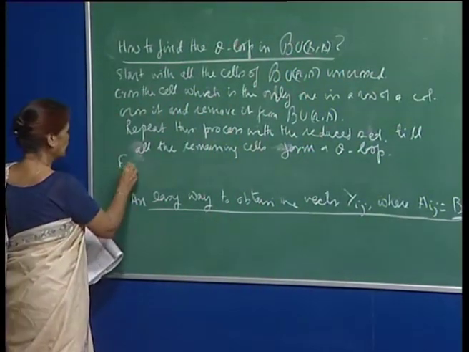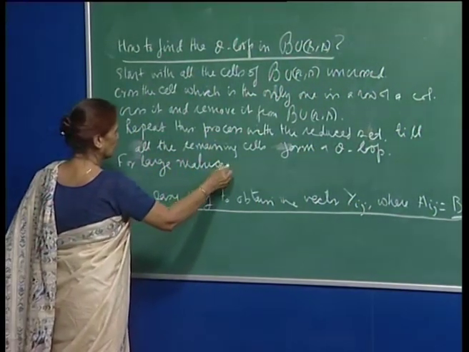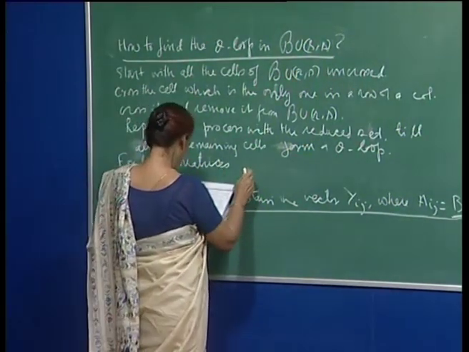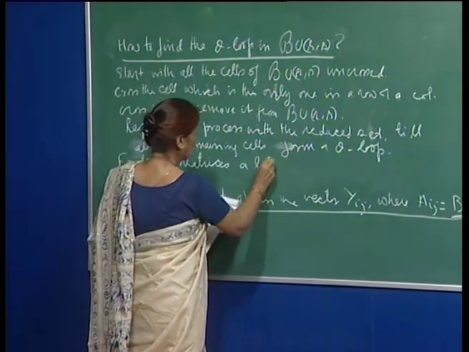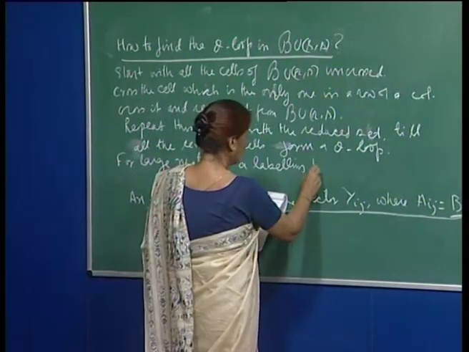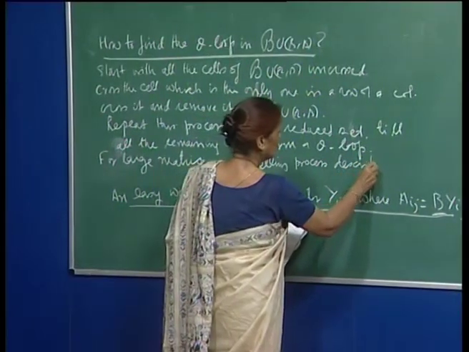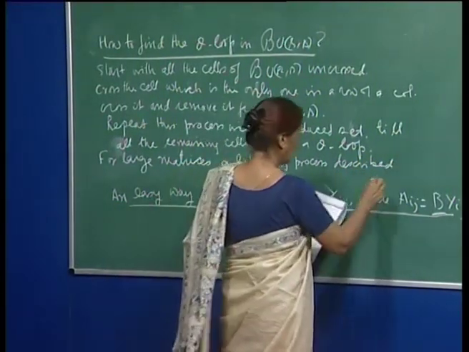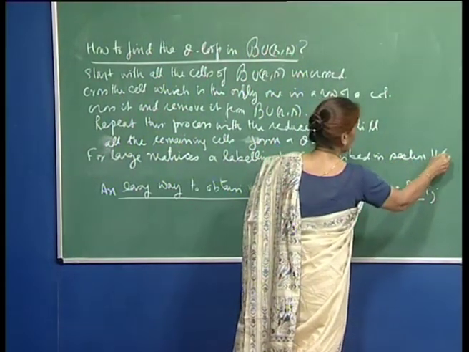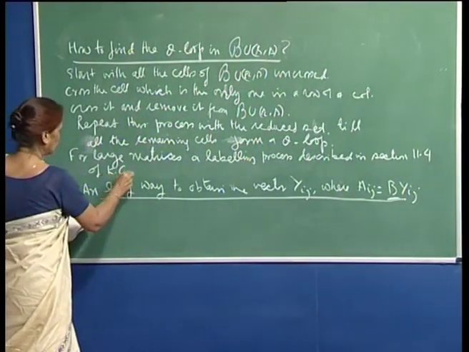So, for large matrices, labeling algorithm, labeling process described in section 11.4 of K.G. Murthy's book.